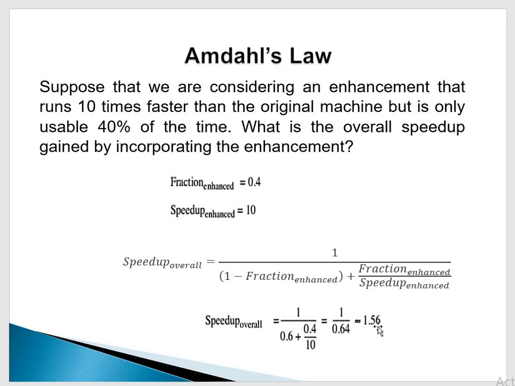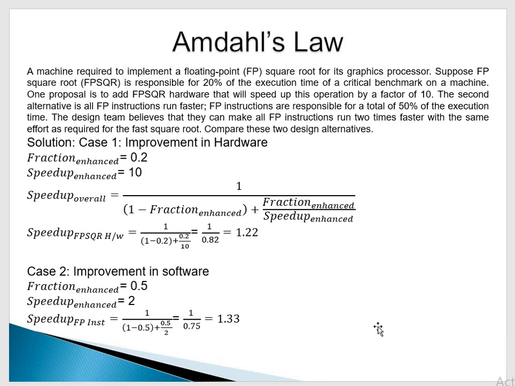Now again we will try to understand the concept with another example, using Amdahl's law and whatever we discussed in this lecture. In this particular machine, what is given? Let's suppose we want to develop a floating point square root hardware along with its software for the graphic processor of the main machine.